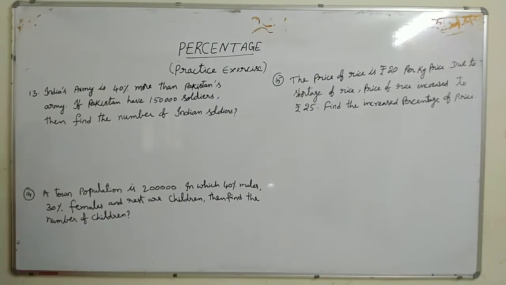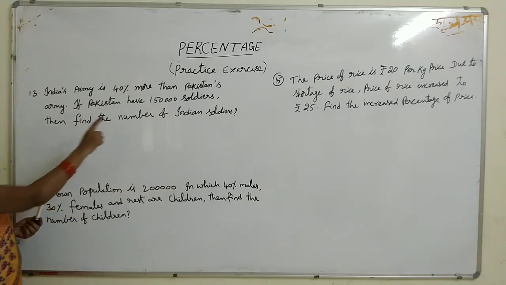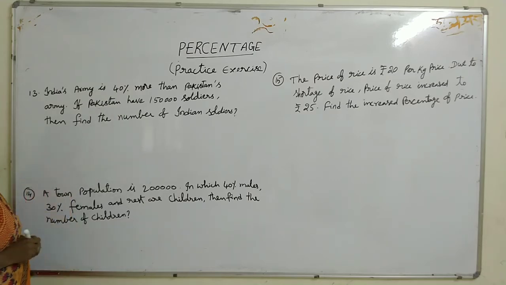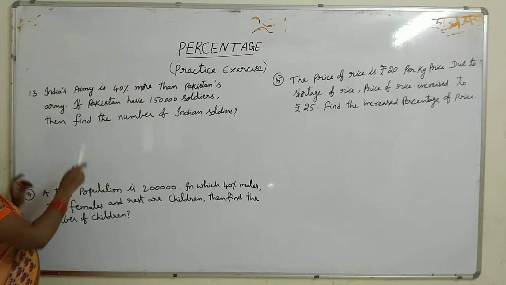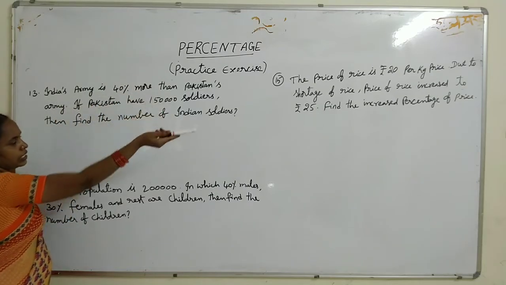Question number 13. India's army is 40% more than Pakistan's army. Pakistan has 1,50,000 soldiers. Then find the number of Indian soldiers. India's army is 40% more than Pakistan's army.